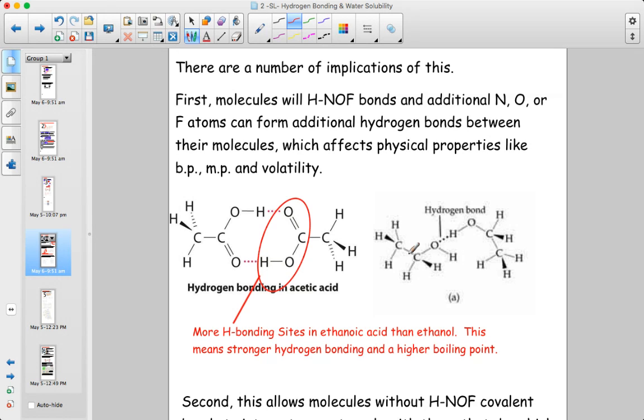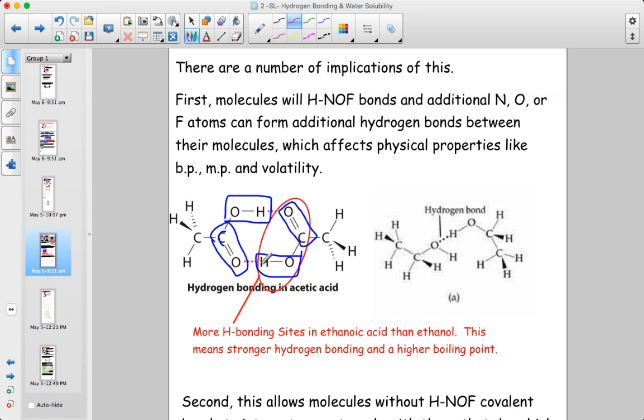One implication is that if you have molecules like acetic acid, or ethanoic acid as we're going to call it, ethanoic acid has a carbon, it has an OH group, but it also has just an O. But as a result of having both an O and an OH group, it actually has 2 locations for hydrogen bonding as opposed to just one.